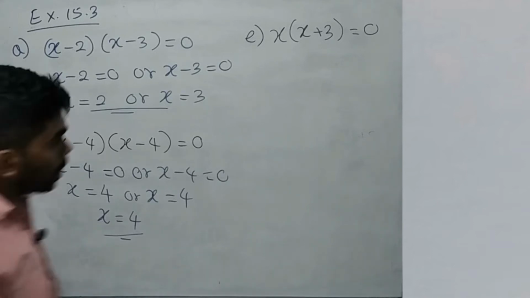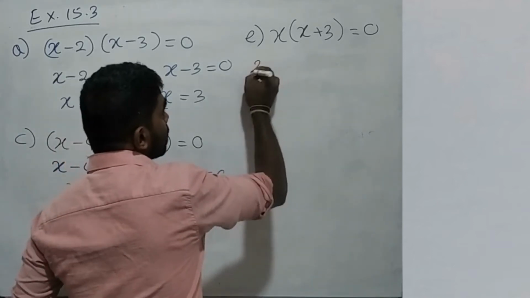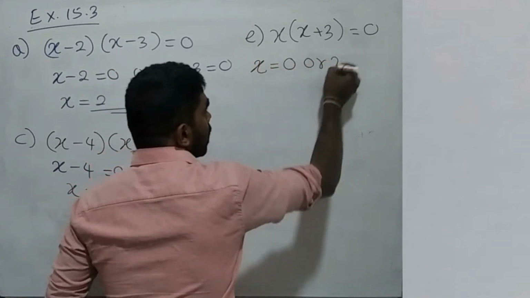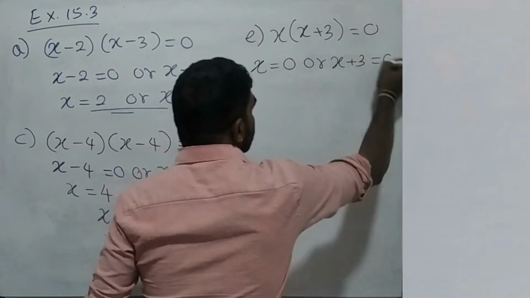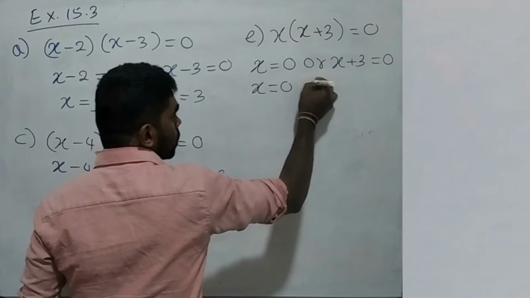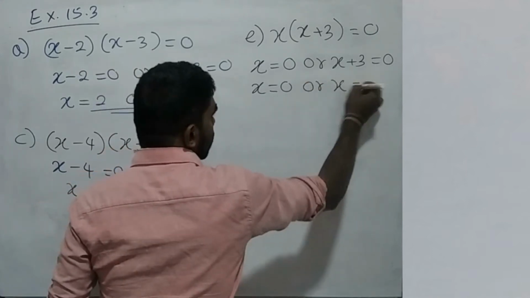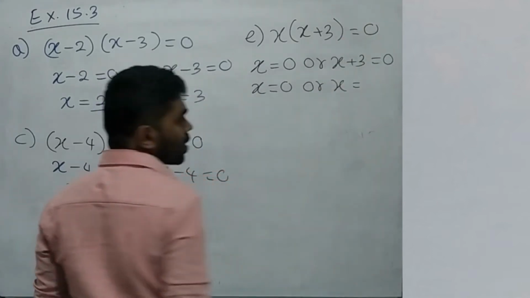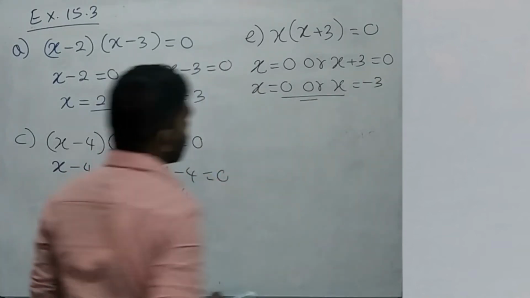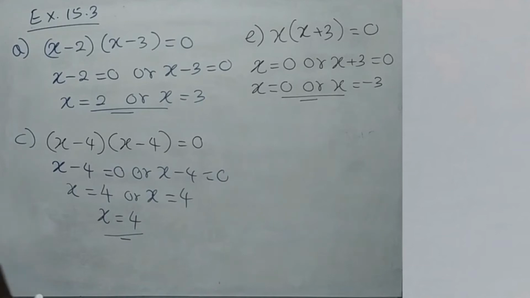Then we can equal the two terms separately to 0. x equals 0 or x plus 3 equals 0. x equals 0 or x equals, we have to bring plus 3 to the right hand side, minus 3. Then the answer is x equals 0 or x equals minus 3.